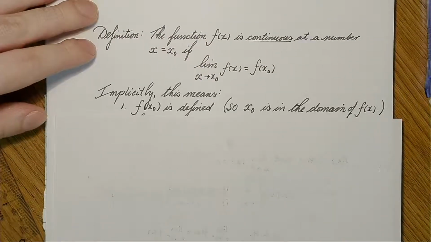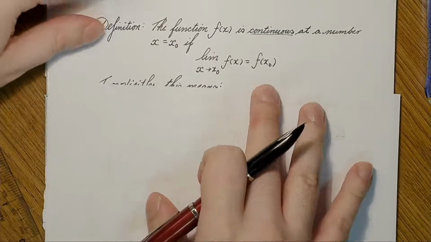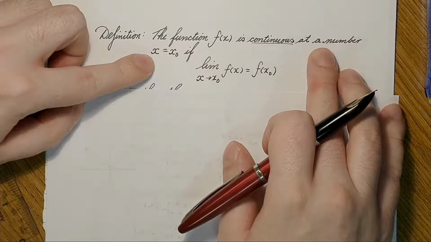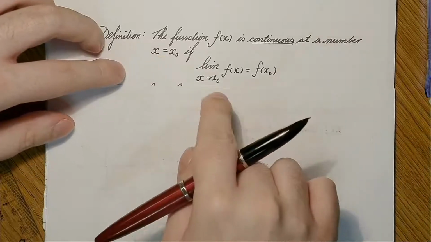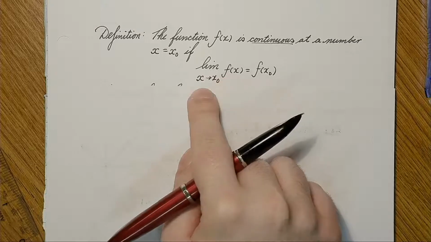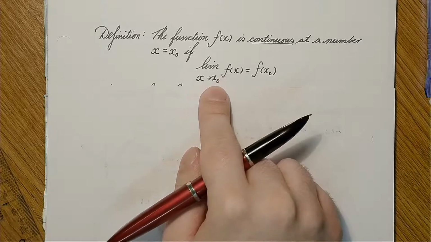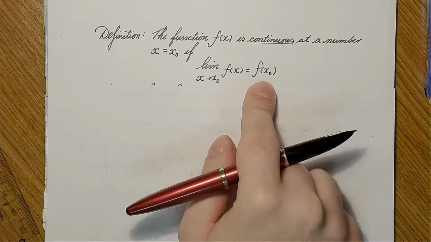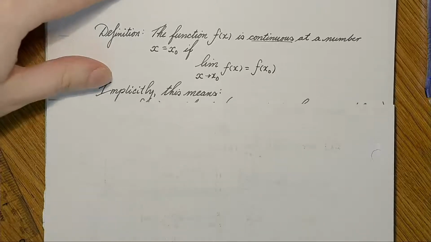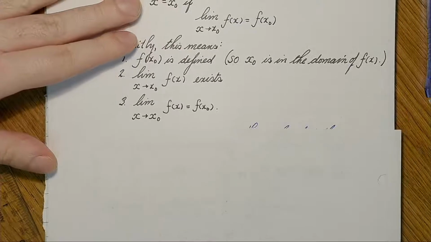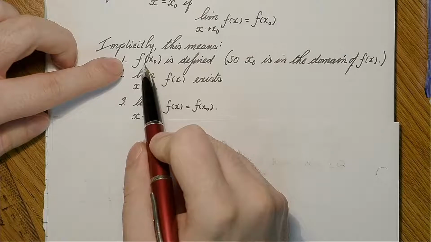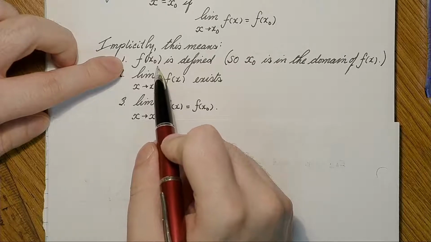So what this definition is saying is that the function f at x is continuous at a number x equals x naught if the limit of f at x as x goes to x naught is equal to the function at x naught. So what that means implicitly is three things. It means that the function has to be defined at x naught.